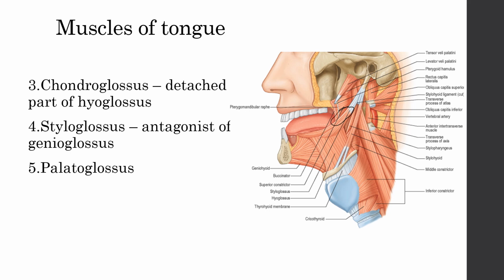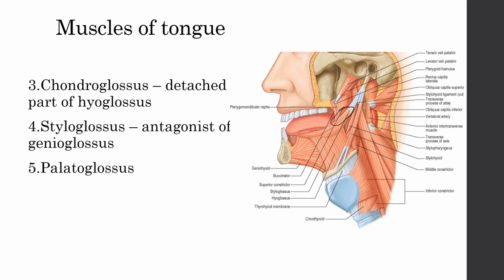Now the last muscle is palatoglossus. This is a muscle which we have seen in soft palate. It originates from the under surface of the palatine aponeurosis and is inserted on the side of the tongue at the junction of its anterior 2/3 and posterior 1/3.